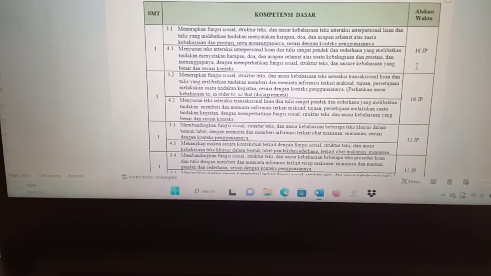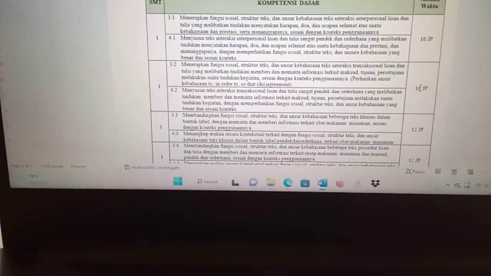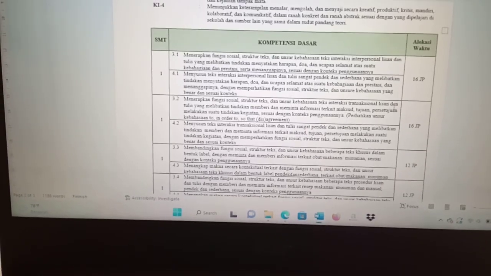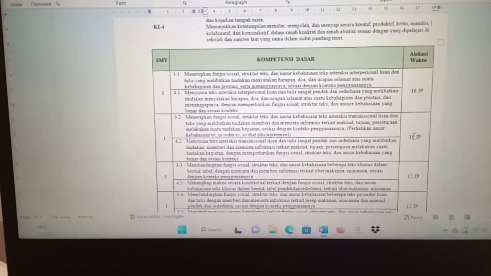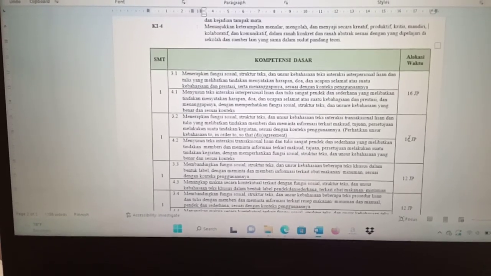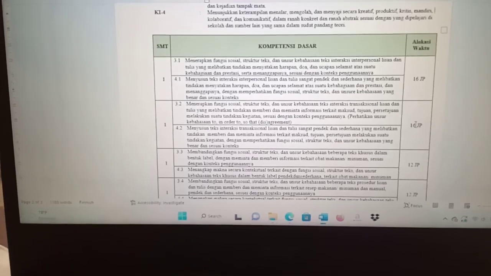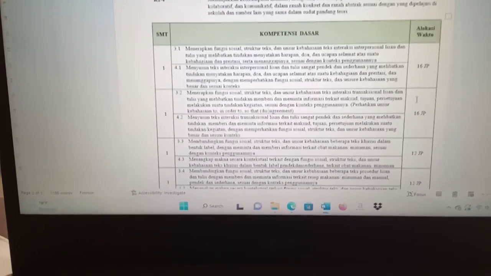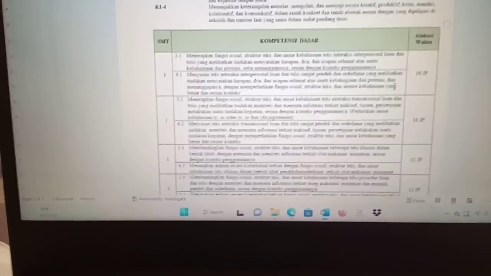So we need the time so that we can adjust with the effective weeks and ineffective weeks, so that at the end of the semester we may be able to finish the material that we have prepared. So that is why we need to prepare it.